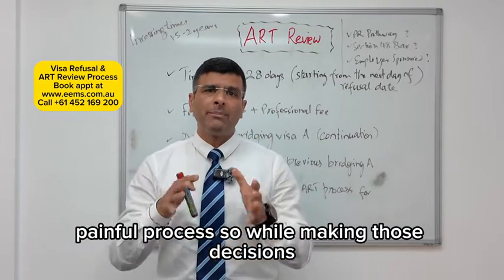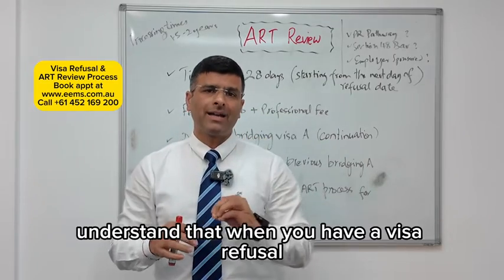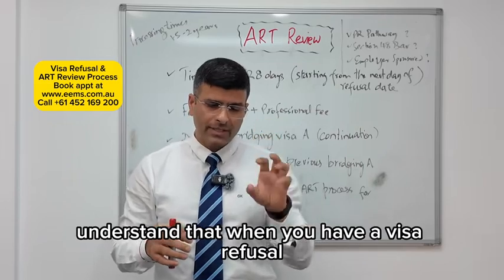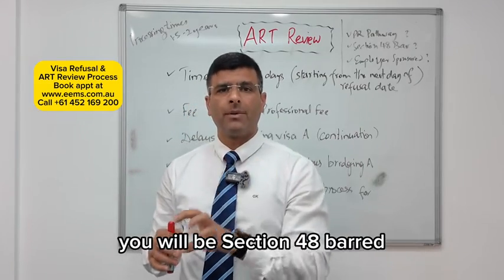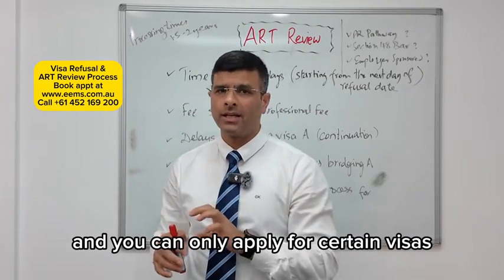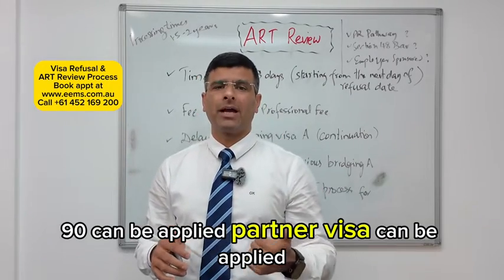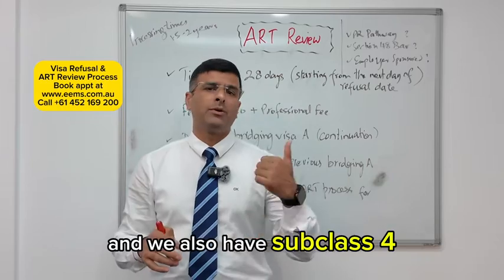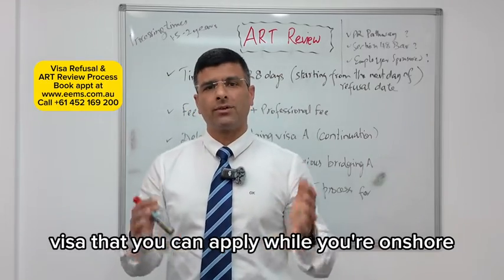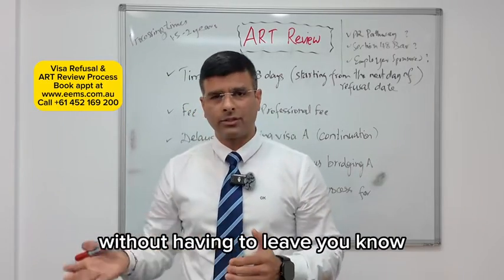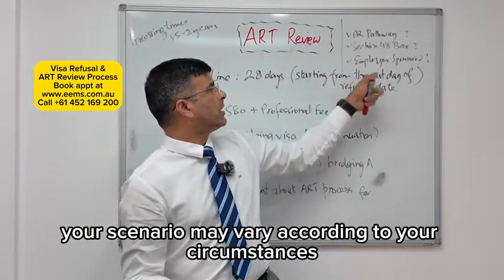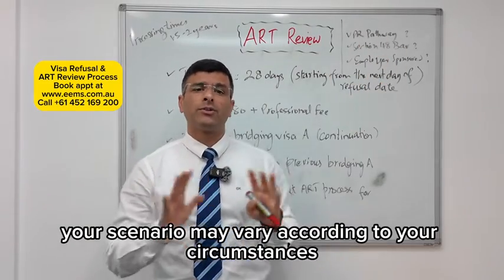So while making those decisions, you need to understand that when you have a visa refusal, you will be section 48 barred and you can only apply for certain visas. So 491 visa can be applied, 190 can be applied, partner visa can be applied, and we also have subclass 494 visa that you can apply while you are onshore without having to leave. Your scenario may vary according to your circumstances.